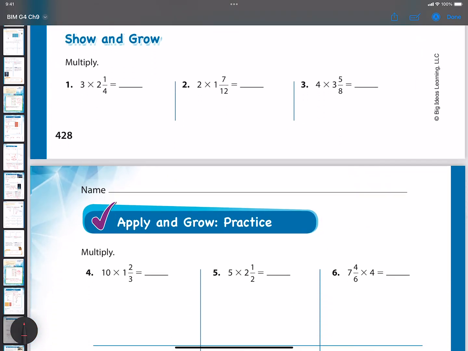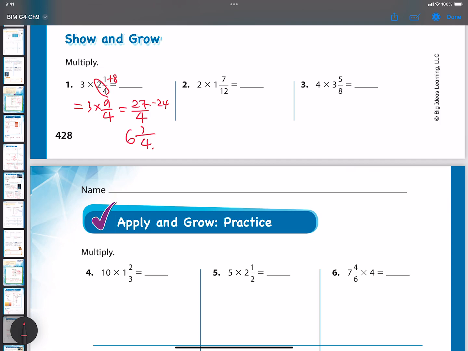Okay, if you prefer using the cross multiplication strategy and then add, it becomes 3 times 9 over 4. It becomes 3 times 9 is 27 over 4, and 4 can fit into 27 by 6 times, because 4 times 6 is 24. So the remainder is 3.